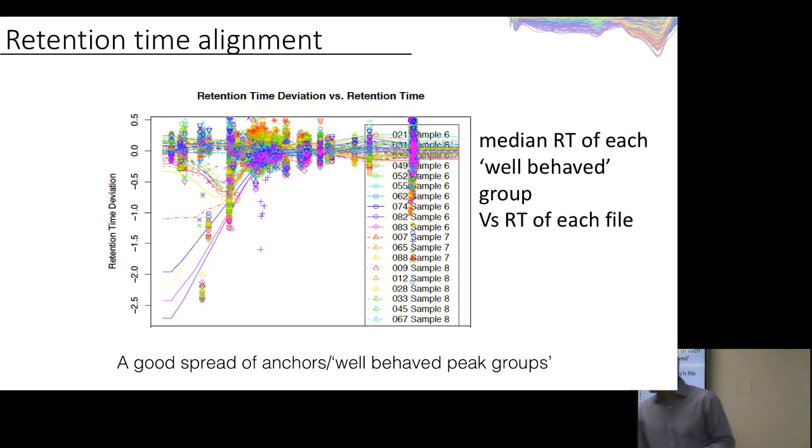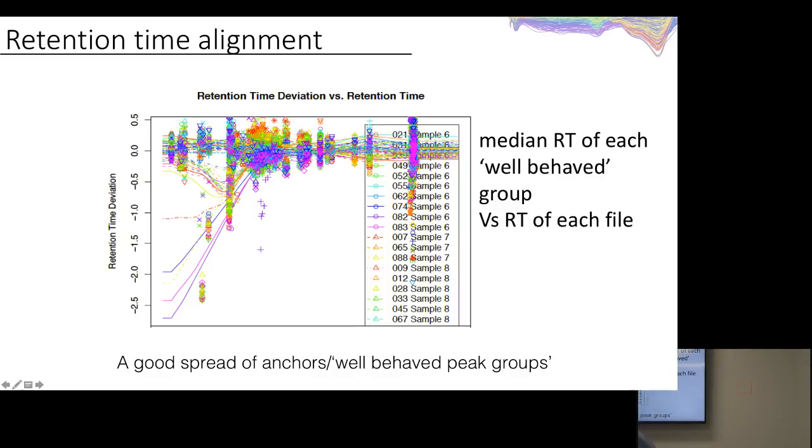Now, when you're finished with that algorithm, you're going to come up with something that looks a little bit like this. And here you'll notice that there's a lot of circles and squares and triangles and pluses and a bunch of other different signals. And each one of those represents a different well-behaved peak group, a different anchor in your regression algorithm that you've used.